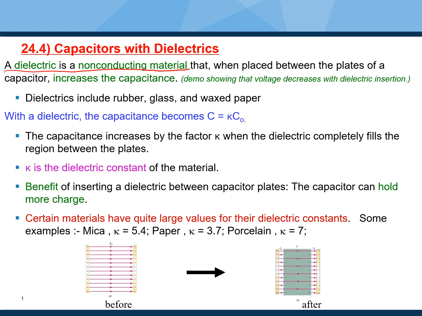Now you see that for the panel on the left, we have a larger electric field between the plates of the capacitor. The insertion of the dielectric between the plates of the capacitor has indeed reduced the electric field between the plates of the capacitor. Now, what does that do to the capacitance?